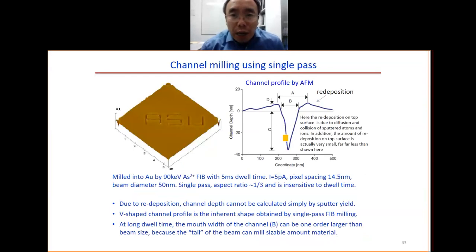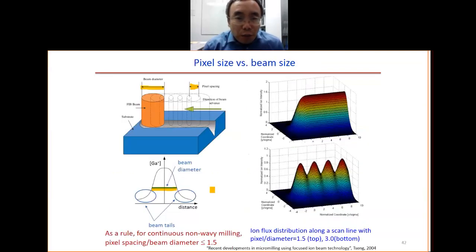If you mill a single line, this is the single pass milling of the line. You always end up with a V-shaped channel profile. Why do you get a V shape? When you mill very deep, you have not only the beam here. The beam looks like a cylinder, but actually you also have the beam tails.